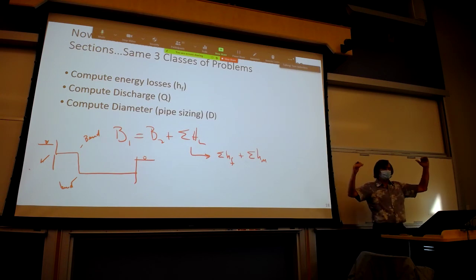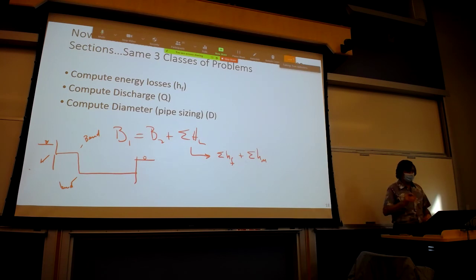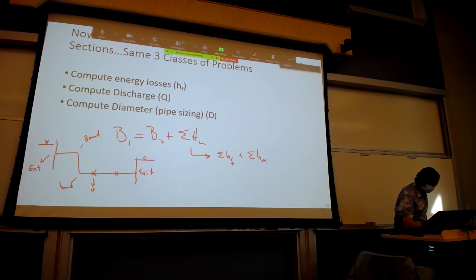Remember, the water surface of a reservoir is the energy grade line, and fluids move in the direction of decreasing EGL. So you have an entrance on the left reservoir and an exit over here. And let's say you have 2 valves here. And they can be the same valve.